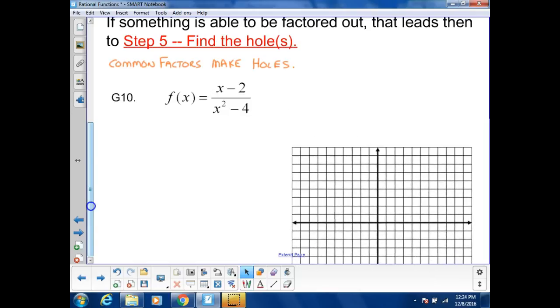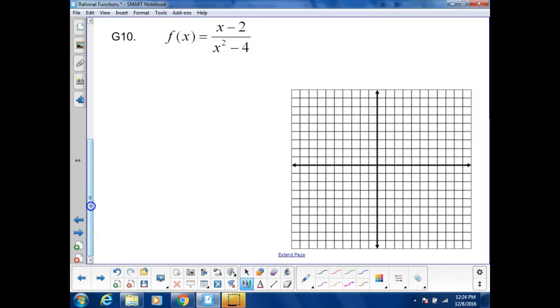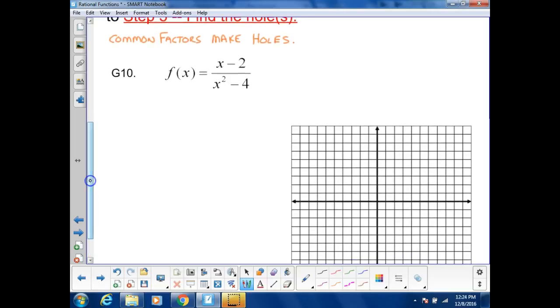To do this, you can cancel x minus 2 over the top. When you factor the bottom, you cancel x minus 2 over the numerator. Why do you think we're doing that? Okay, ready? So, as Matt said, this top is x minus 2, but the bottom here is x minus 2 and x plus 2.